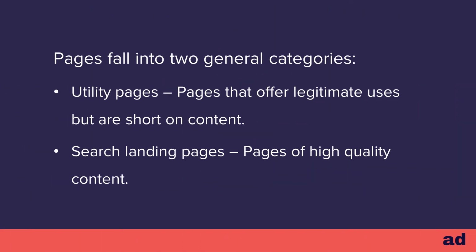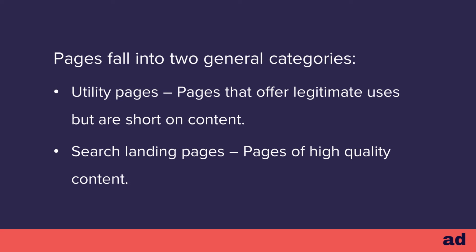The next commonly made mistake we often see is that SEOs attempt to index every single page using sitemaps. Not a great idea. Fact is, pages generally fall into two categories: utility pages and pages made up of good content.